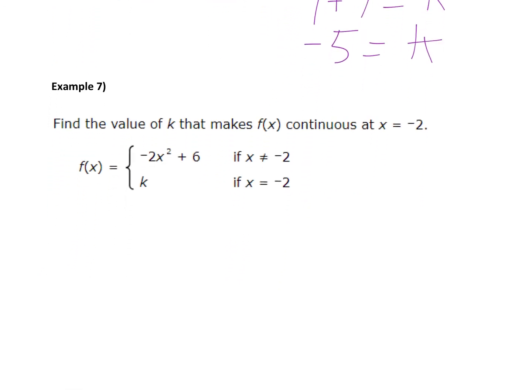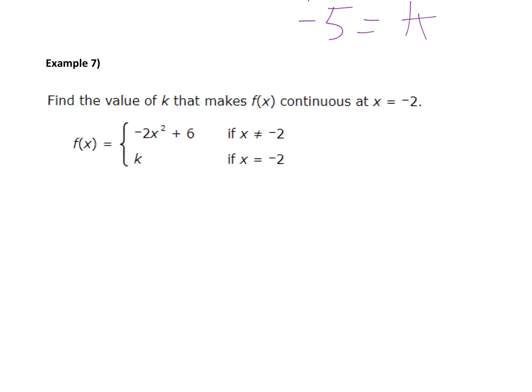One last one, folks, and then we're done with the notes for today. Find the value of k that makes f of x continuous at x equals minus 2. And now we've got quadratic functions to worry about. But folks, don't worry about them, because we're still going to follow the same general steps. We're going to write this out fully. We have negative 2x squared plus 6 is equal to k.